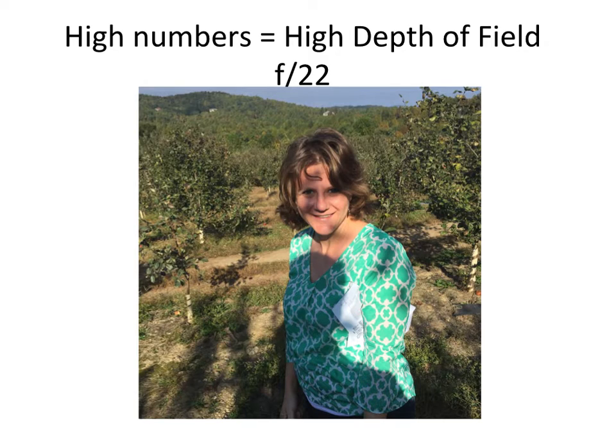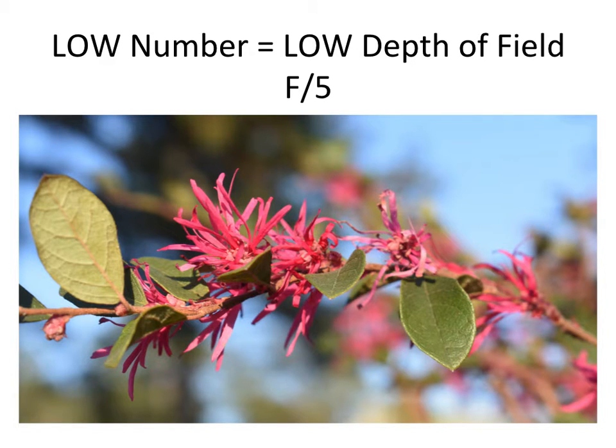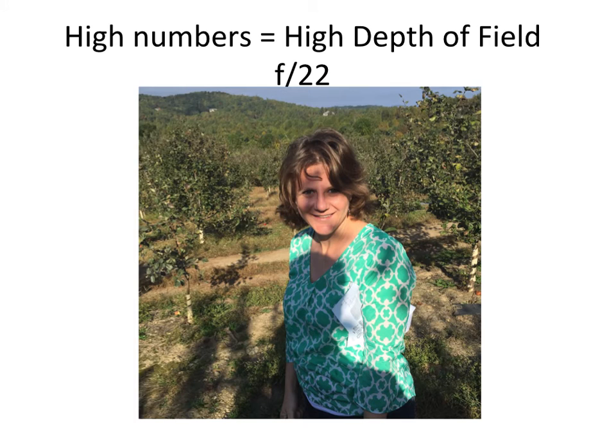So side note, this picture was actually taken with an iPhone. If you have an iPhone, it's going to prioritize high numbers because it can't make that artistic decision for you, right? It can't say, oh, we know that she wants everything to be in focus, or we know that she wants the background to be blurry. So most of the time, if you're looking at pictures taken with a phone, everything's in focus.